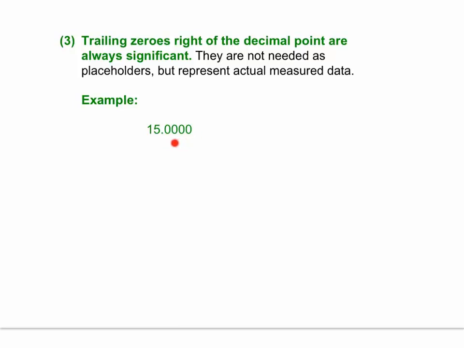They are needed, though, to show that this was measured and it is known to be exactly 15 out to the 10,000th spot. So in this case, we would have 2 sig figs from 1 and 5, and then 4 more from these trailing zeros after the decimal point. So in this case, we would have 6 significant figures. Please take a moment, write down the rule and the example below.